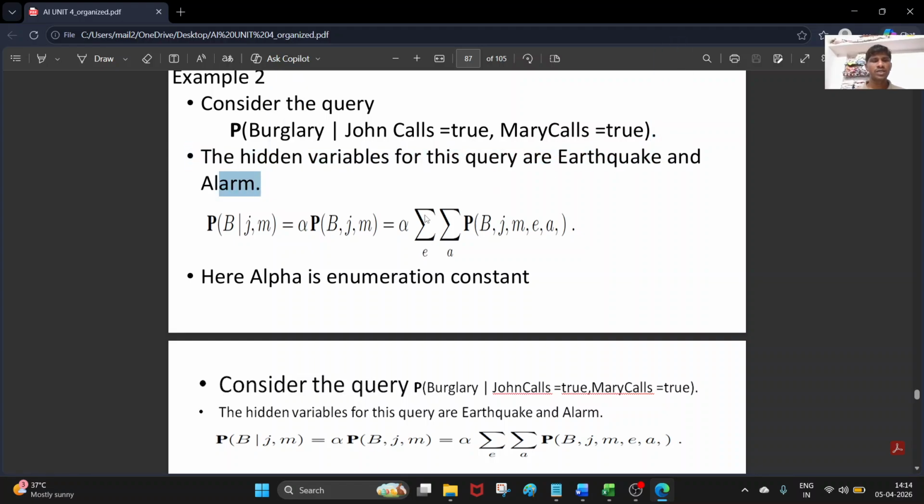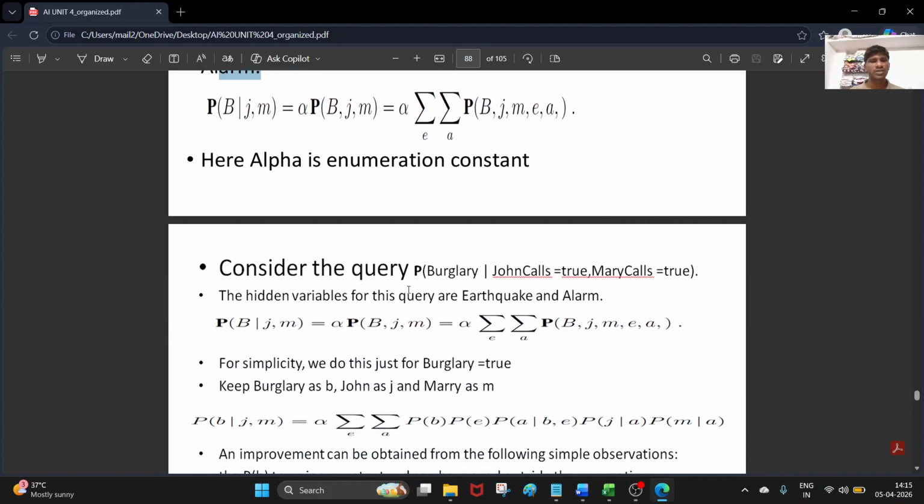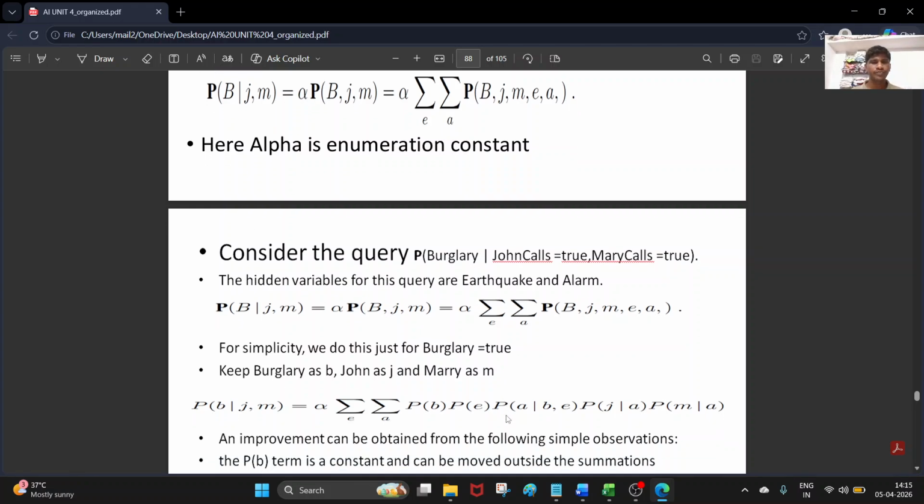So the earthquake is written as the summation over E and alarm as the summation over A of P of B comma J comma M comma E comma A. B is burglary, J is John calls, M is Mary calls, E is earthquake and A is alarm. Here alpha is an enumeration constant, so we are taking it out.